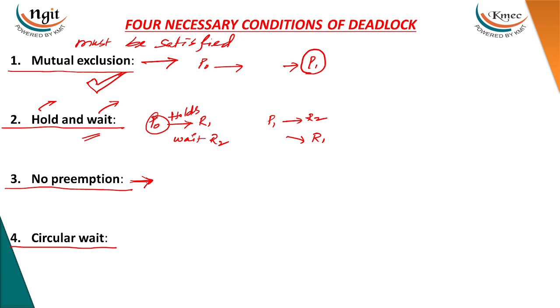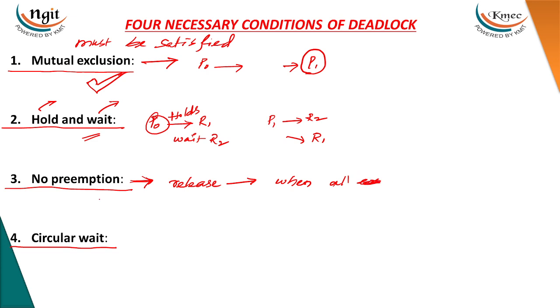Next, no preemption. What is meant by no preemption? The process has to release the resource voluntarily, and it will release the resource only when its usage of the critical section is completed.